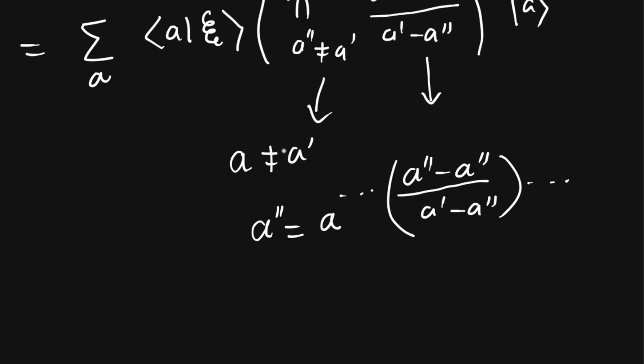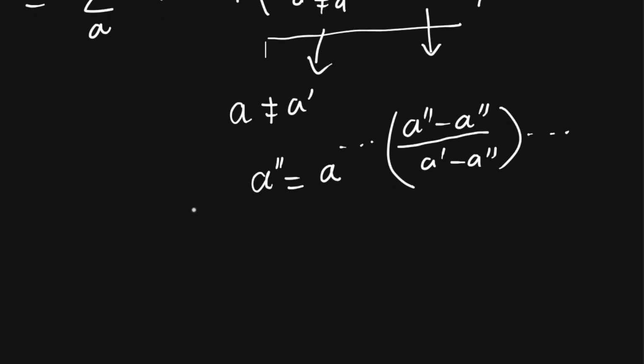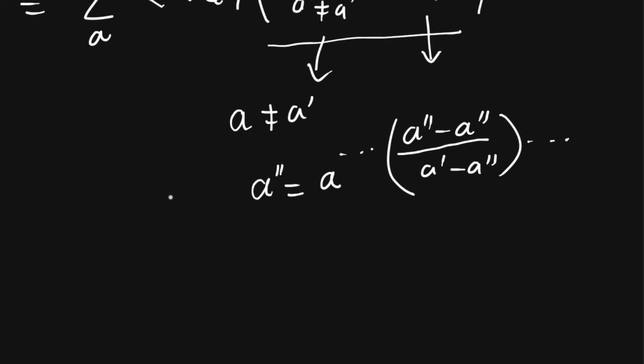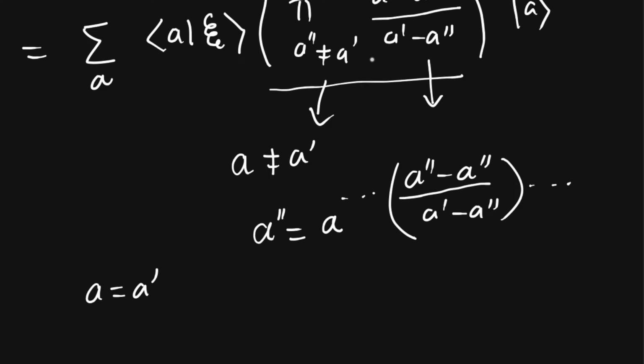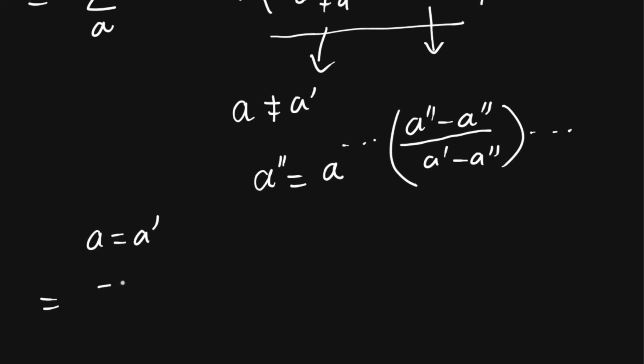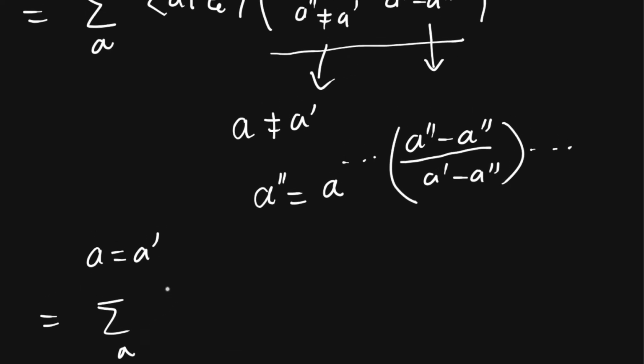That means if a is not equal to a', this term will become 0. Now let us closely look at when a equals a'. When a equals a', this will become a'. The sum will not be there since there is only one term.